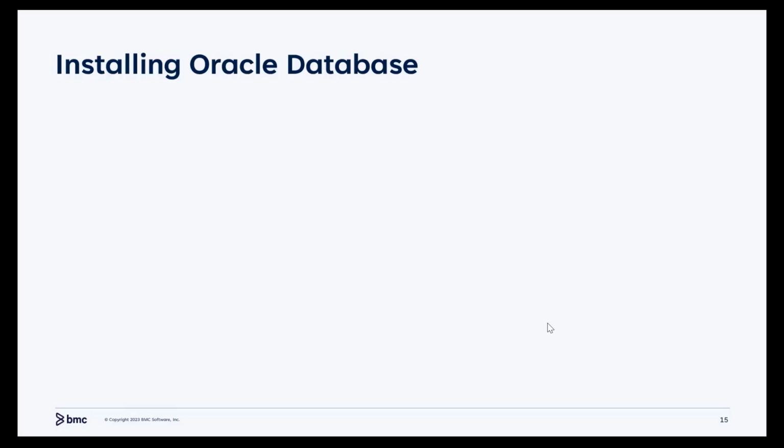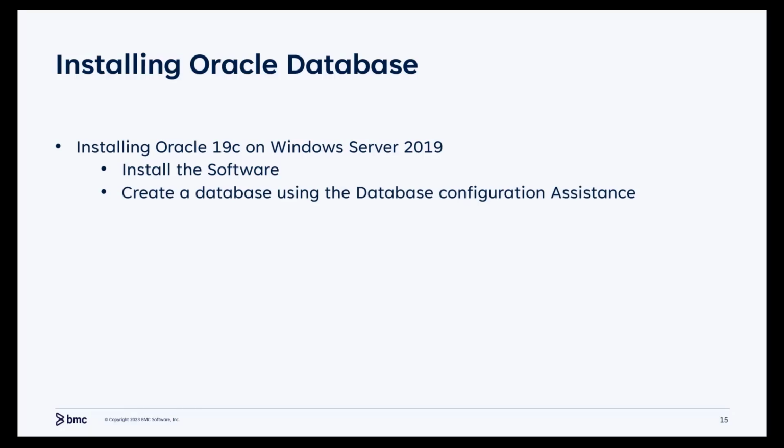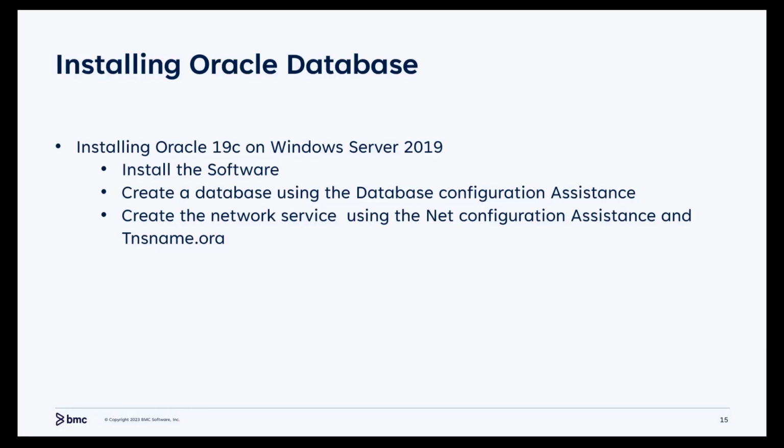In the upcoming video, we will be installing the Oracle Database 19c on a Windows 2019 server. The procedure will commence with the installation of the software, followed by setting up the database using the Database Configuration Assistant. Subsequently, we'll establish the network service using the Net Configuration Assistant.